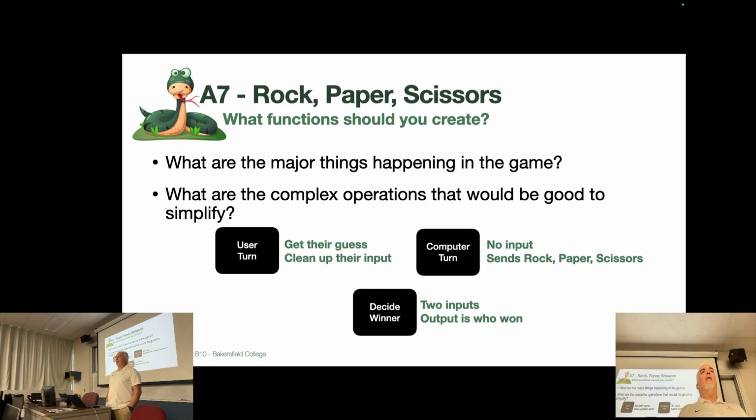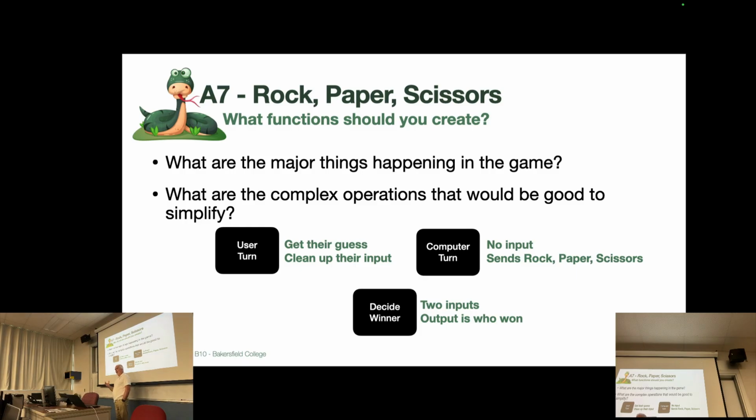So as you're starting to think about what do I use custom functions for in this, you want to think about what are the big things that are happening in the game? What do we have to figure out in order to play rock, paper, scissors? So one thing is the user has to be able to take a turn.